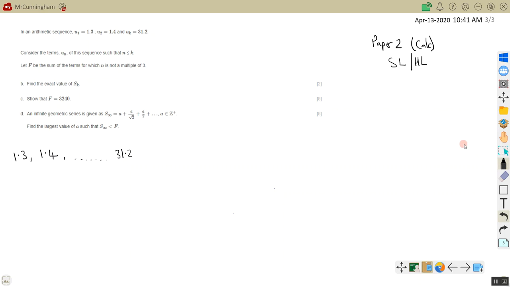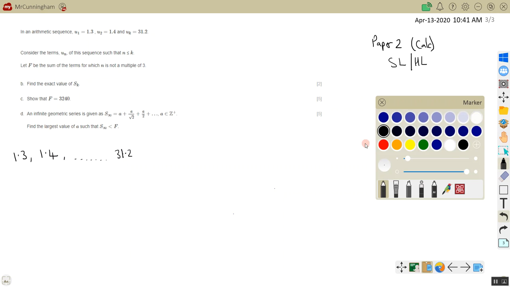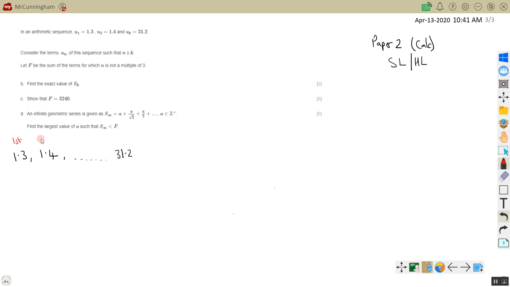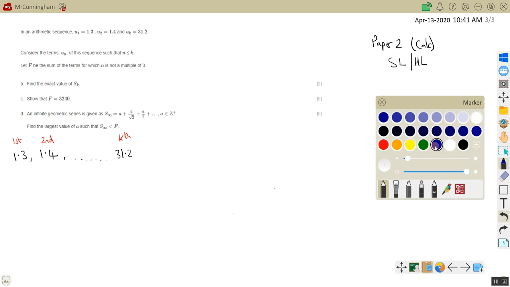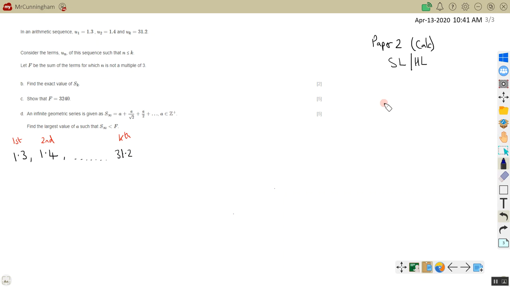So if I just write down, this is my first term, this is my second term, this is my kth term, or nth term as we're sometimes used to calling it. And you have to remember, for your sequences, you're given the formulas. So the formula for the nth term is u1 plus n minus 1 times d.